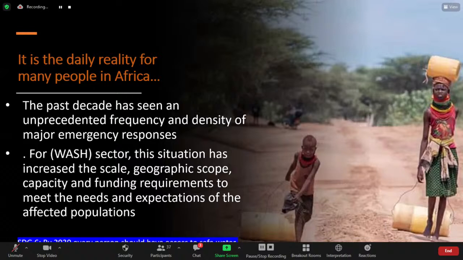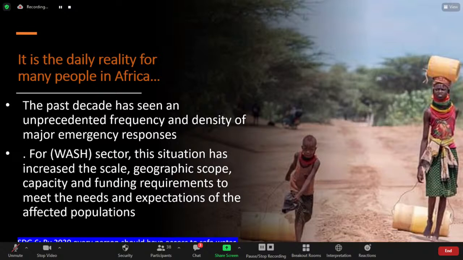For the past decade, we've seen more of this situation given the unprecedented frequency and density of major emergency responses related to climate change, particularly where we are having drought phenomena. So for the WASH sector, this situation has just increased in scale, geographical scope, issues around capacity to respond to these kinds of emergencies, and funding requirements to meet the needs and expectations of the affected populations.